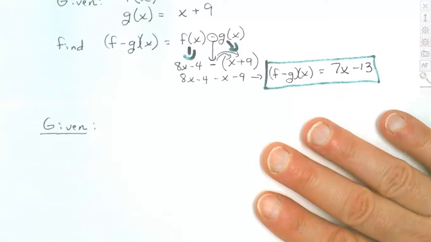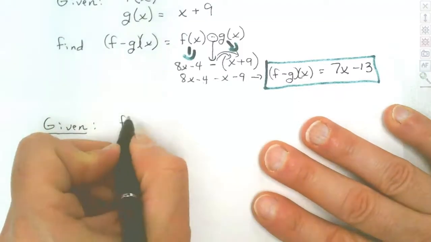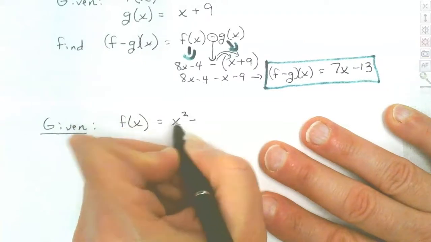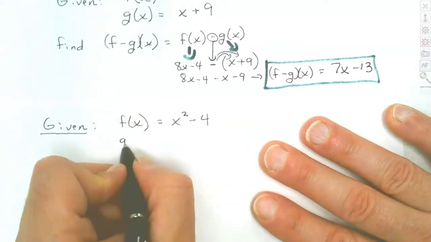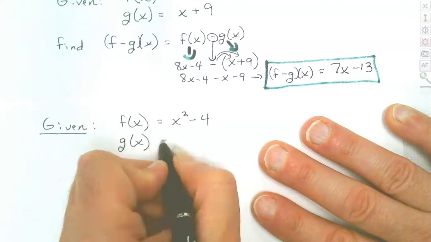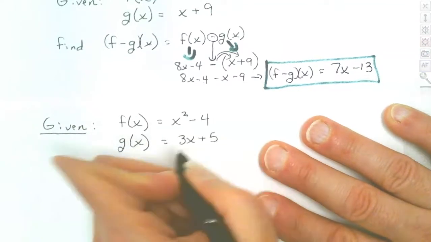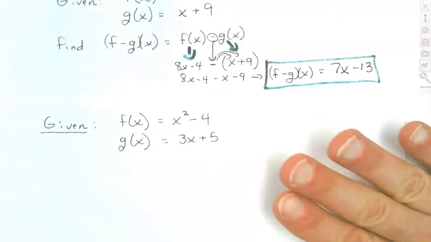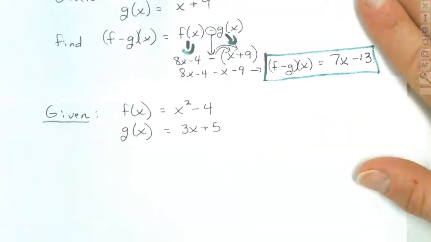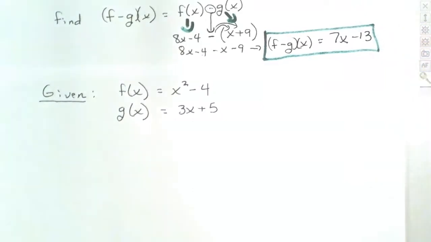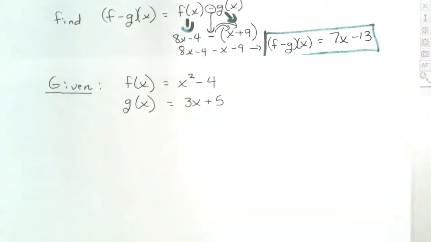Okay, so let's say you're given f of x to be, how about x squared minus 4, and g of x to be 3x plus 5. And we'll do one with numbers. So remember how that works, and then we'll do one with variables. When we do the variables, we're going to have to FOIL.